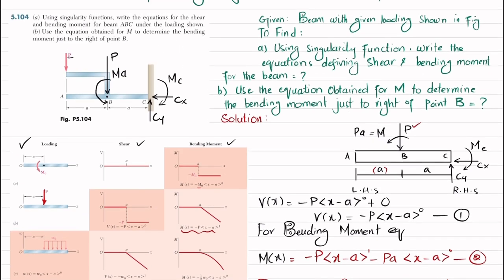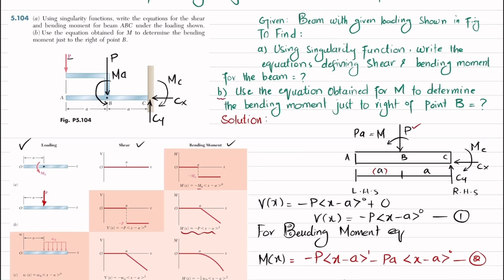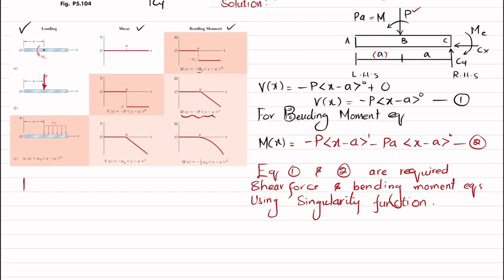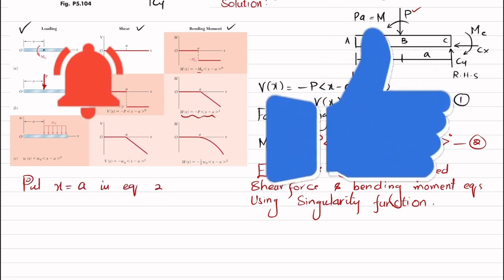Now in the second part, part B, it is given to use the equation obtained for M to determine the bending moment just to the right of point B. So this is point B, just right of point B. Here we will take x is equal to A and put it in equation number 2 in order to find the bending moment just to the right of B. So put x is equal to A in equation number 2.